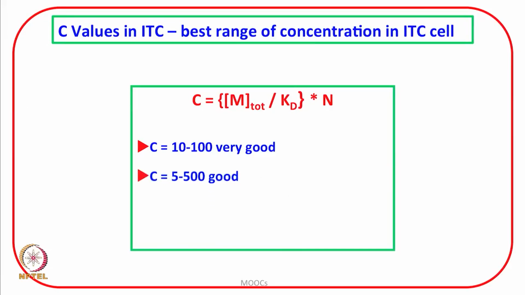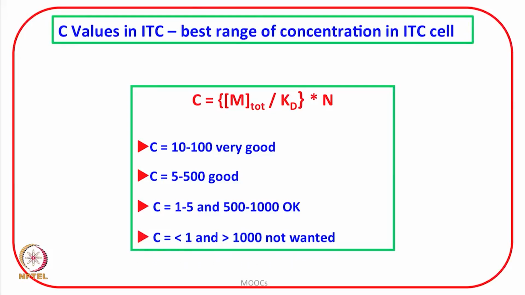A C value between 5 to 500 is okay, can fall into the category of good. A C value between 1 to 5 and 500 to 1000 is okay type, not very good, but okay.